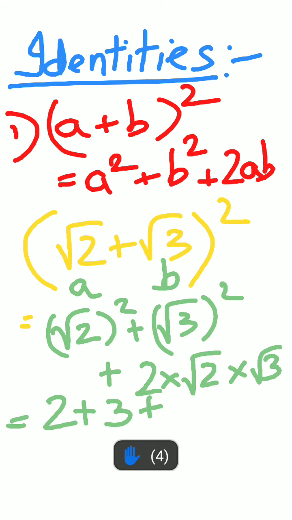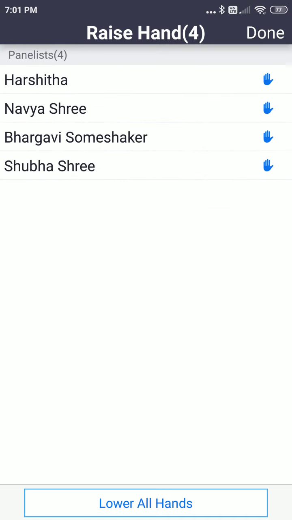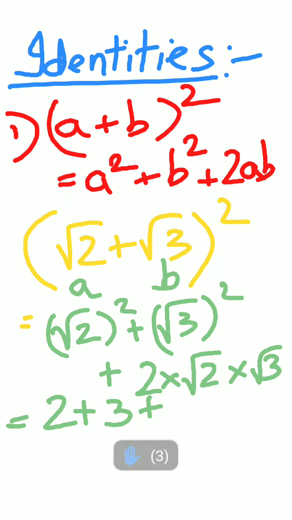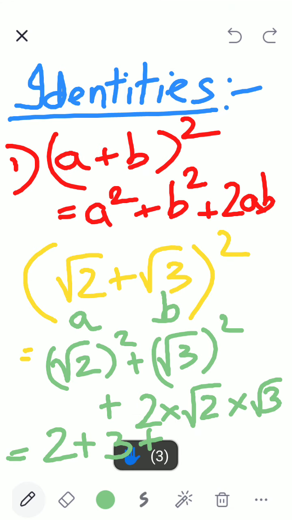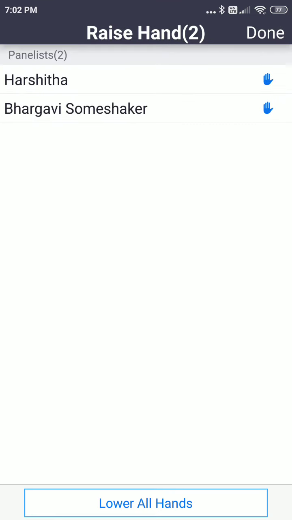Outside the house cannot multiply with inside the house. Tell again. Should I combine the house? Yes, I should combine the house. In multiplication, I can combine the house. All children, lower your hands, please.